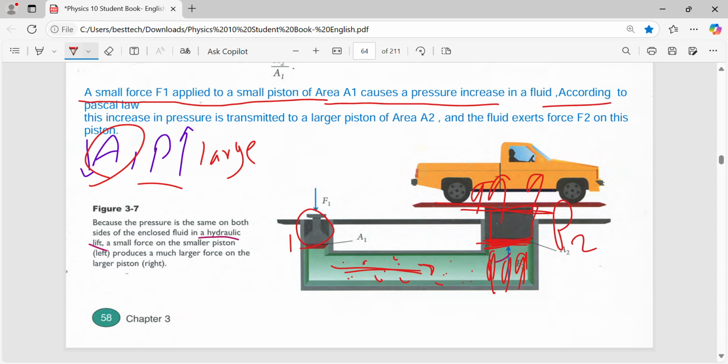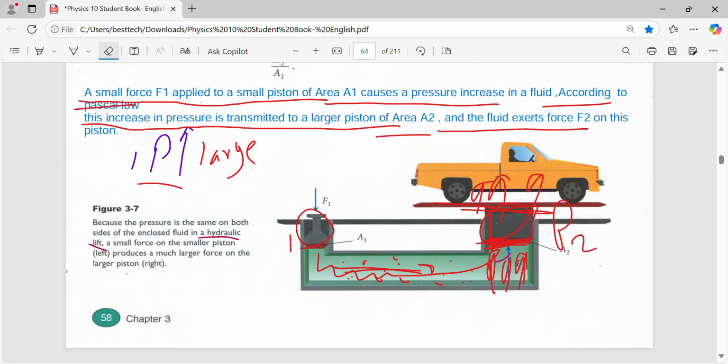Now, according to Pascal's law, this increase in pressure is transmitted to the larger piston, the second piston here, with area number 2, and the fluid exerts a force.